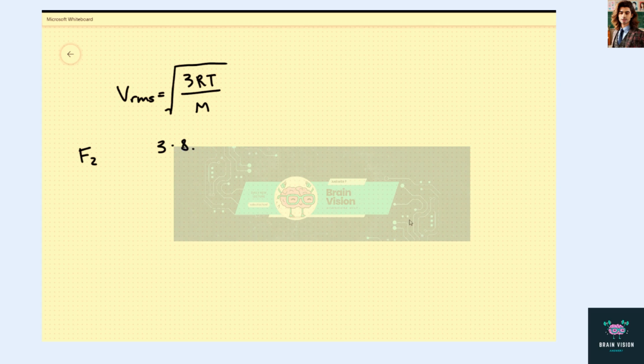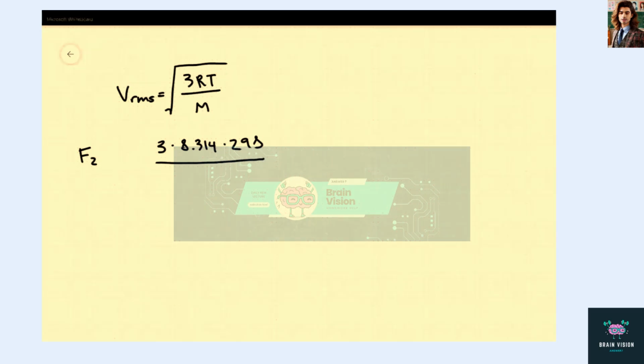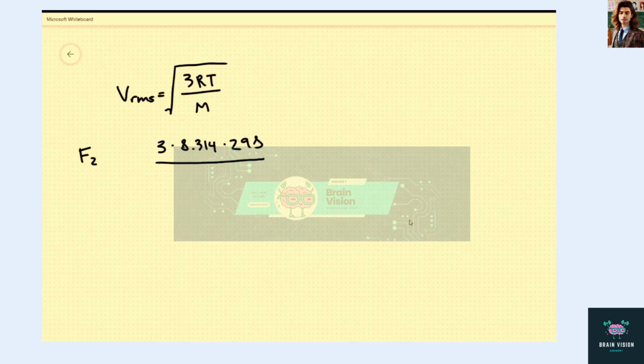So 3 times 8.314 times 298 divided by the molar mass of fluorine gas, 19.00 times 2. And now because our 8.314 is in joules, this has to be in kilograms. So normally this is in grams. To convert to kilograms, multiply by 10 to the negative 3.